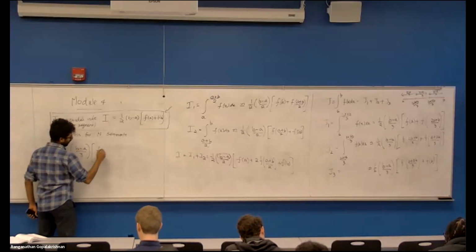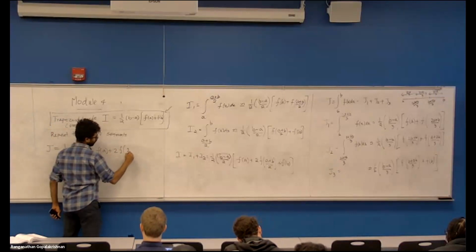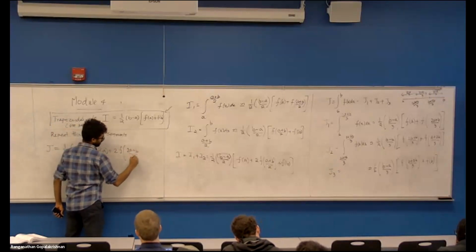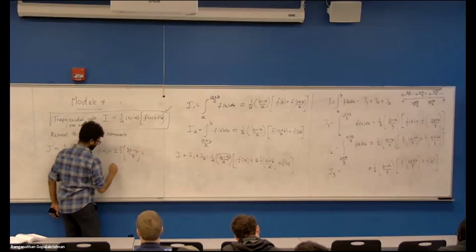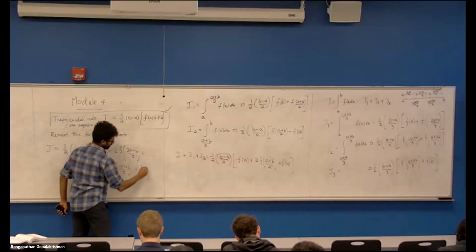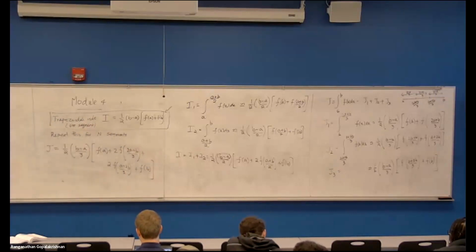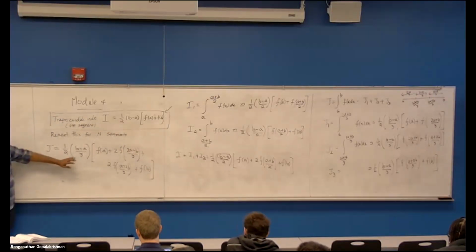I have f of a plus 2 times f of (2a plus b) over 3 plus 2 times f of (a plus 2b) over 3 plus f of b. So this is when you use 3 segments.